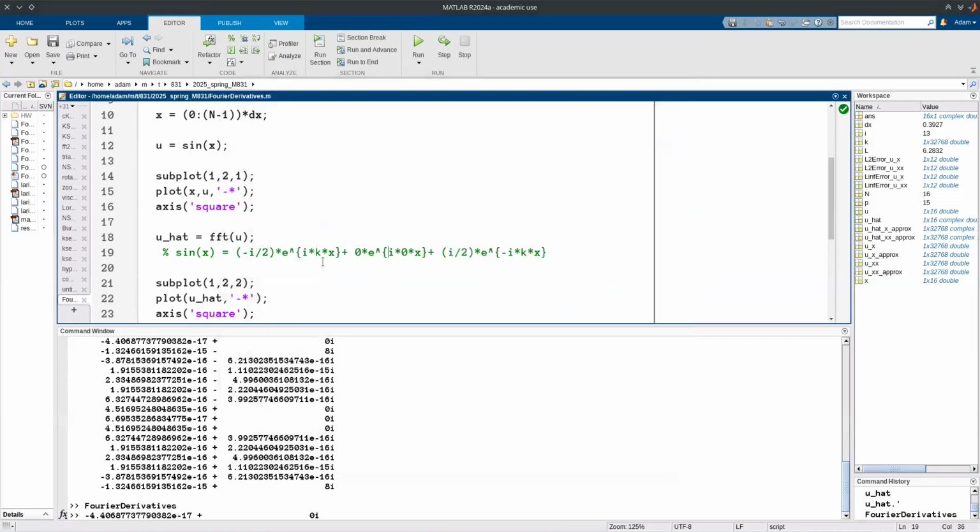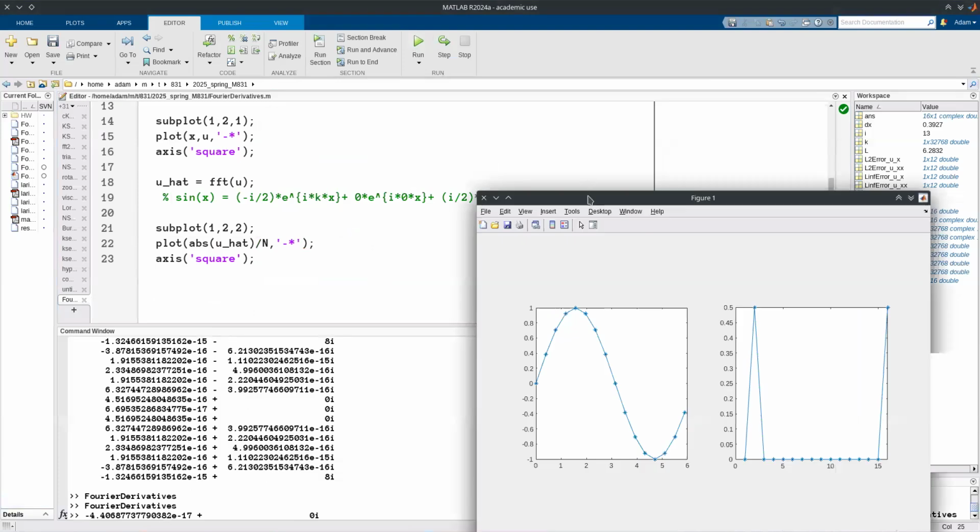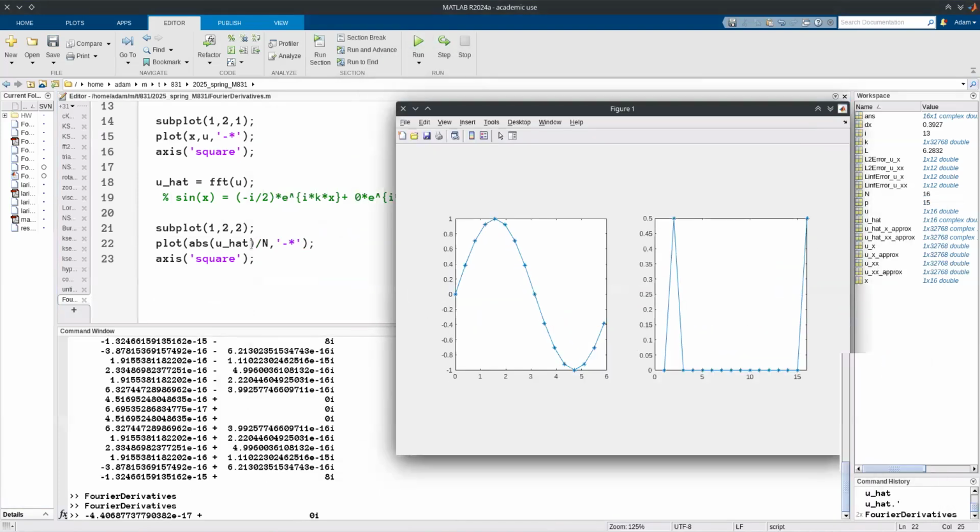All right, so it turns out to be a little nicer to visualize this if we first take the absolute value of it. So this will take the absolute value of each of those Fourier coefficients, and to be perfectly accurate, we should divide here by n, that 16 number. The reason Matlab doesn't do that is because a lot of times you don't actually need the Fourier values.